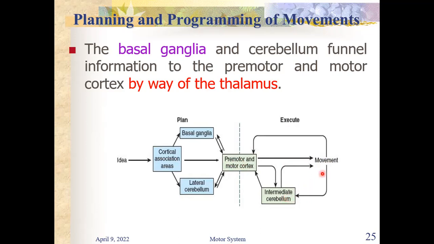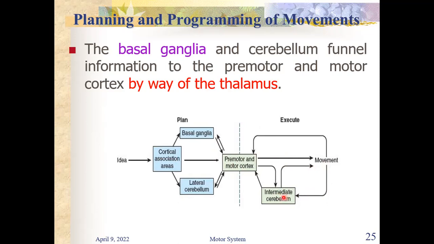So this information comes back from the movement that is being executed to the cerebellum, comparing plan and performance, comparing the actual movement and what was planned. So the movement will also be fed back to the intermediate cerebellum or the spinal cerebellum via the pathway of the red nucleus.